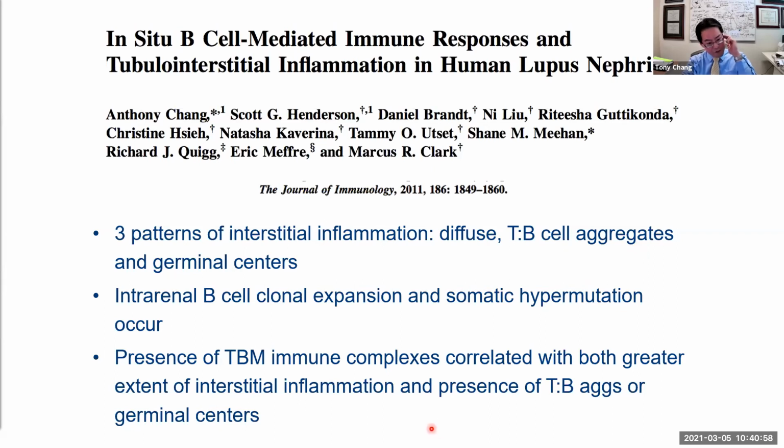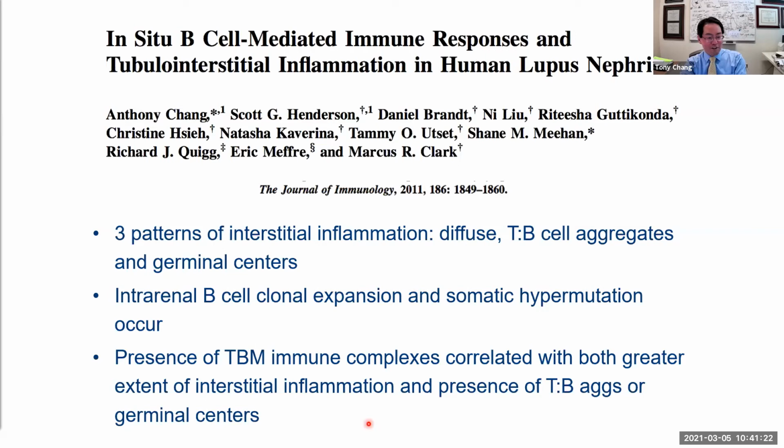And we were fortunate enough to be able to laser capture some of these lymphocytes and plasma cells from these germinal centers, and we were able to demonstrate that you can actually have intrarenal B-cell clonal expansion and somatic hypermutation. These ectopic germinal centers are actually functional. They function and they work, and they don't just look like germinal centers.